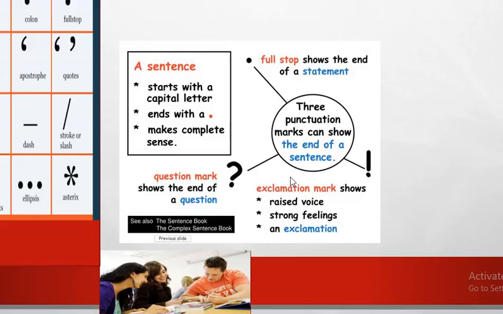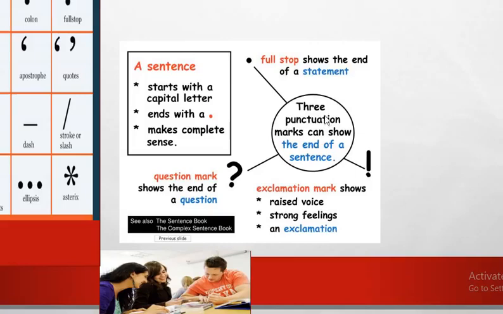The students, generally, a sentence starts with a capital letter and ends with a full stop and makes a complete sentence. Full stop shows the end of a statement.